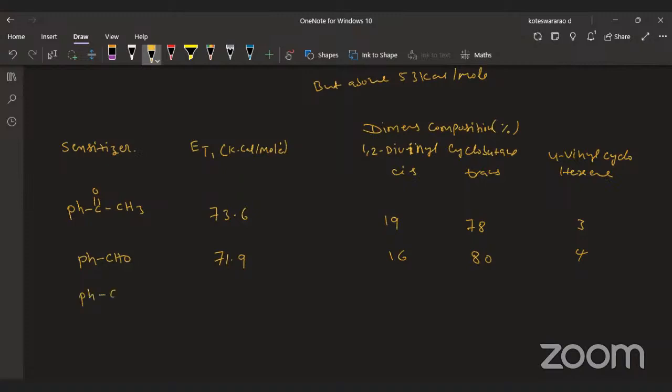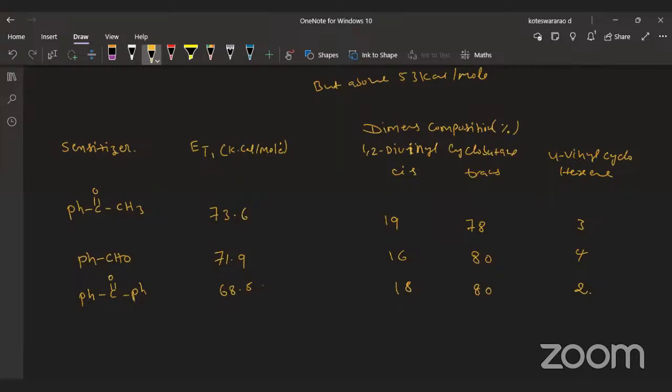Next, if you are using benzophenone as the triplet energy sensitizer, it can transfer 68.5 kilocalories per mole, and the cis isomer increases slightly. When you compare with the first one, the yield decreases, and the trans product yield is the same. For 4-vinylcyclohexene, the yield also decreases, to only 2%.